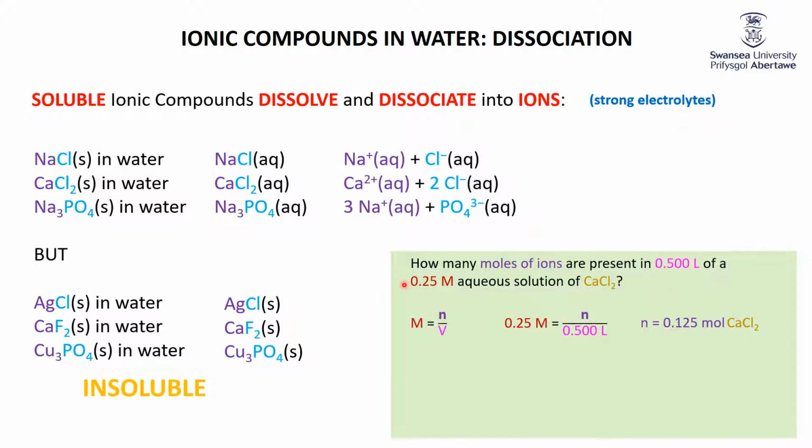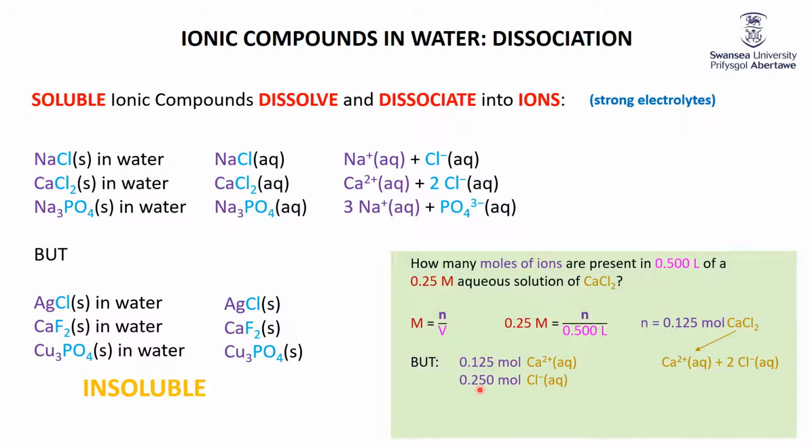Okay, but of course CaCl2 in water is not just dissolved in water, it has dissociated into calcium ions and 2 chloride ions. So therefore you're going to have 0.125 moles of calcium ions, because there's 1 calcium for every calcium chloride, but there are 2 chlorides for every calcium chloride. So if you have 0.125 moles of calcium chloride, that must be 0.25 moles of chloride ions.